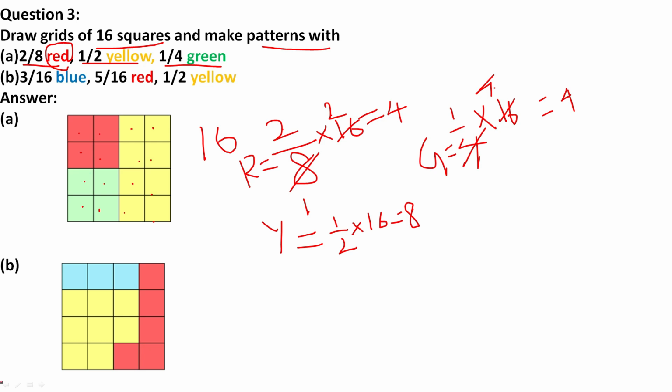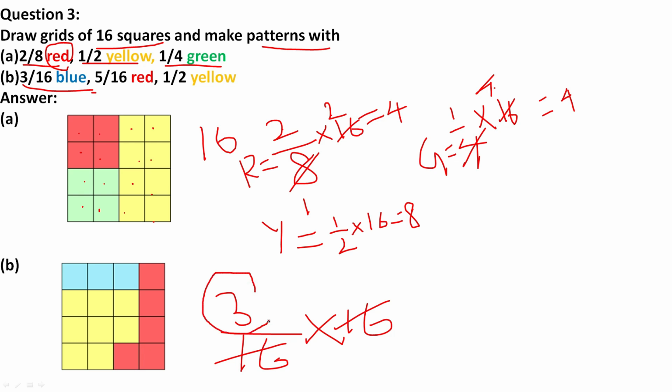Similarly question number B, 3 by 16 we have to give blue color. Out of 16, 3 by 16 of 16 squares. So 16 will get cancelled. So 3 we have to give blue color. Correct. Next red color, 5 by 16. 5 by 16 into 16, 16 cancel.